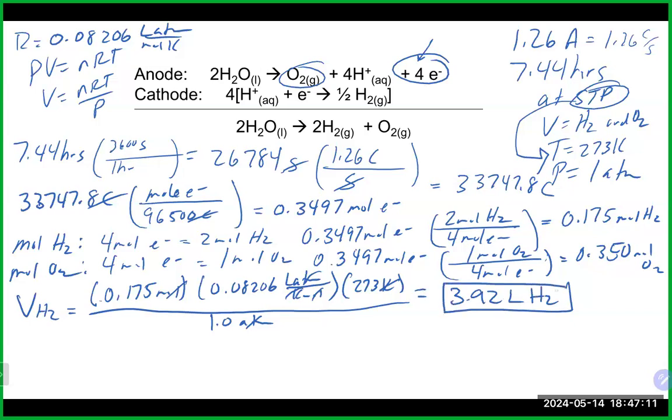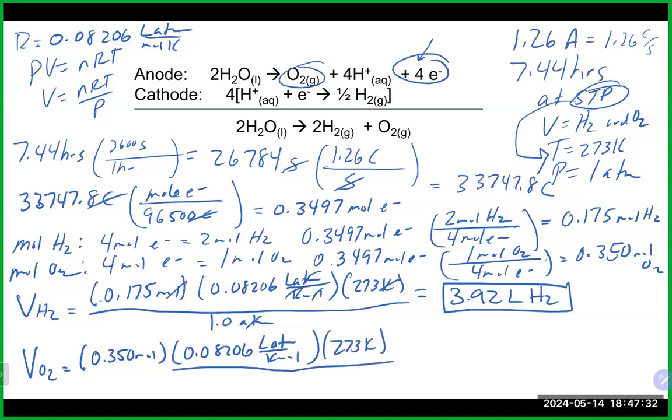would be produced. We can also go into the same equation here for oxygen. So the volume of oxygen would be the moles of oxygen, 0.35. Our R is still the same. Our 273, and once again, our 1 atmosphere.